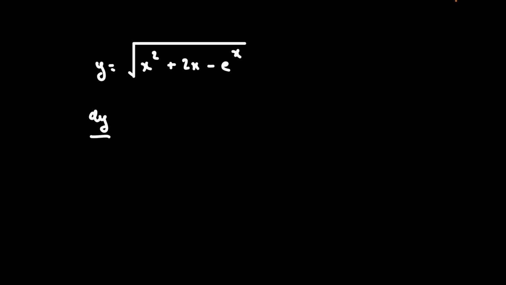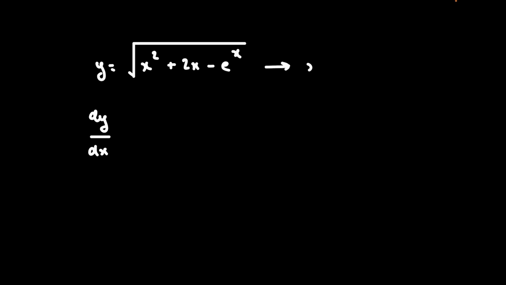The next one we're going to be doing is y equals (x squared plus 2x take away e to the power of x) to the power of a half. And another way they could give this question is they could simply give it to you as the square root. And to differentiate this, we would have to formulate this as to the power of a half.